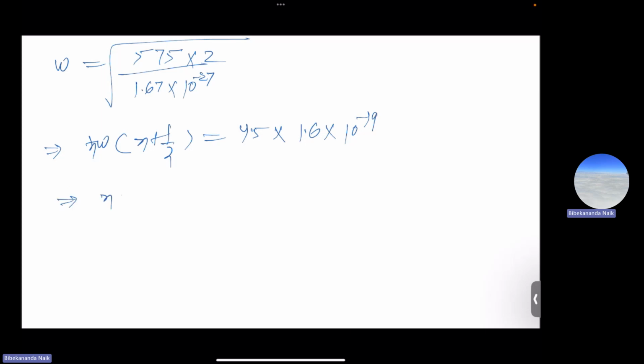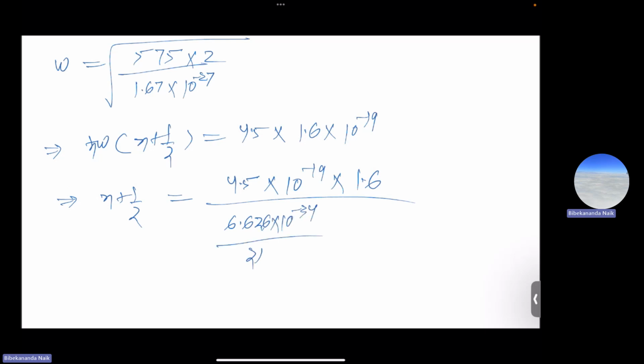So n plus half will be 4.5 into 10 to the power minus 19 into 1.6 divided by h cross, which is h by 2 pi, 6.626 into 10 to the power minus 34 divided by 2 into 3.142, into the value of omega, which is root over of 575 into 2 divided by 1.67 into 10 to the power minus 27.